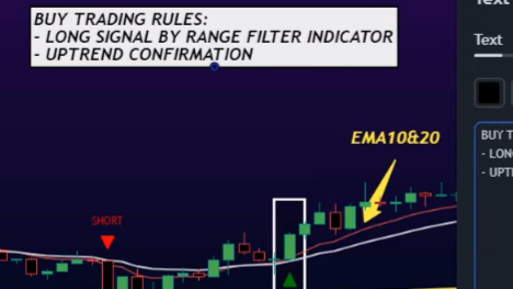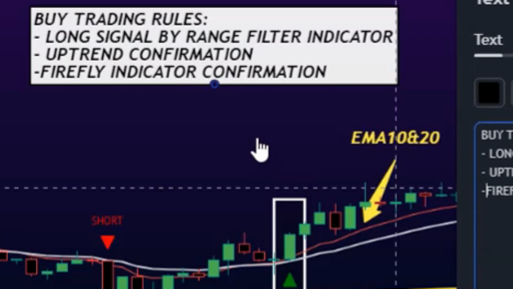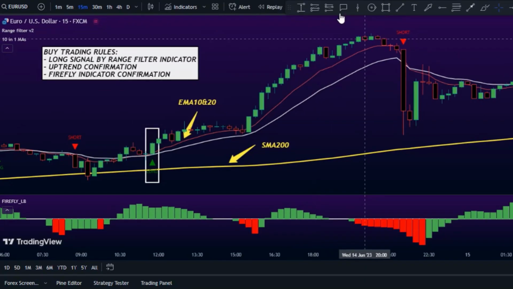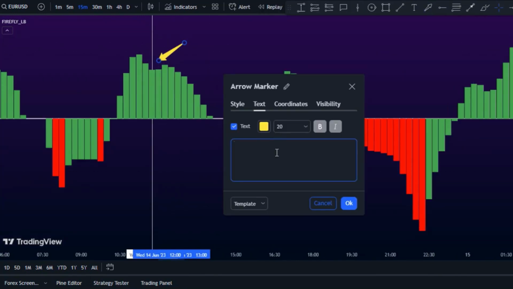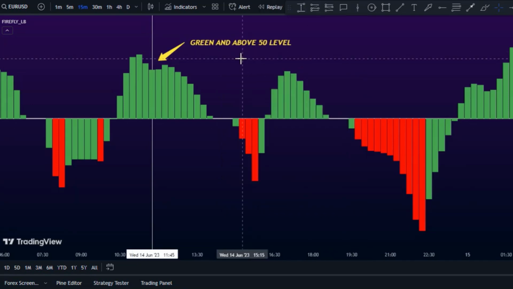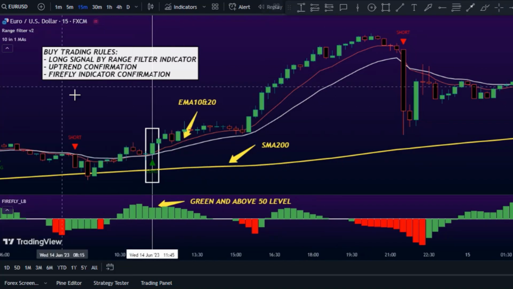Next, the Firefly Oscillator histogram needs to be green and above 0, a second green light. Once all three of these boxes are checked, it's time to get in.